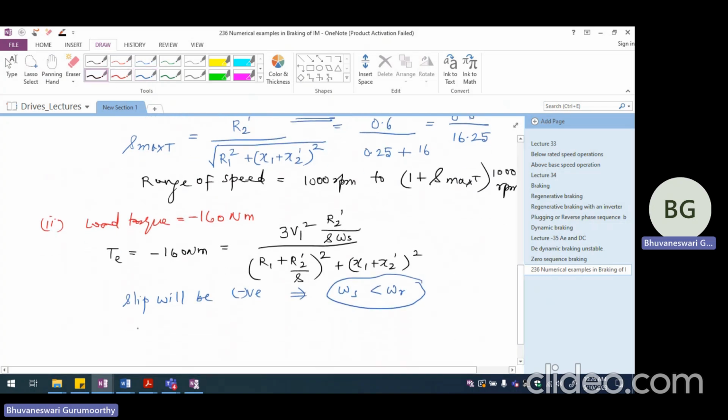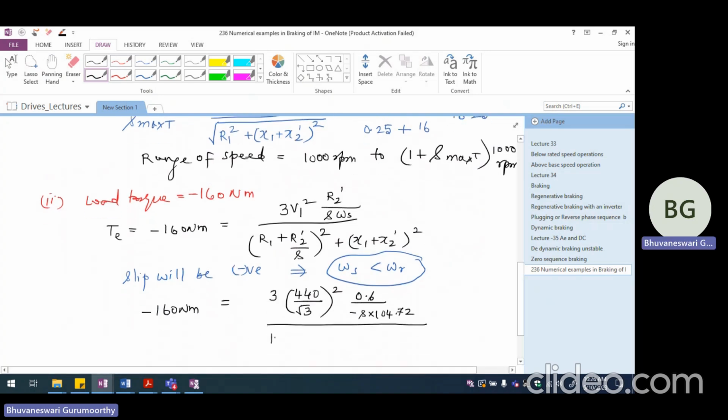So in this particular case, we have to write minus 160 Newton meter is equal to 3 multiplied by 440 divided by root 3 whole square. R2 dash is 0.6 divided by minus S omega S. Omega S is 104.72 radians per second divided by, now we should write again R1. R1 happens to be 0.5 ohms.